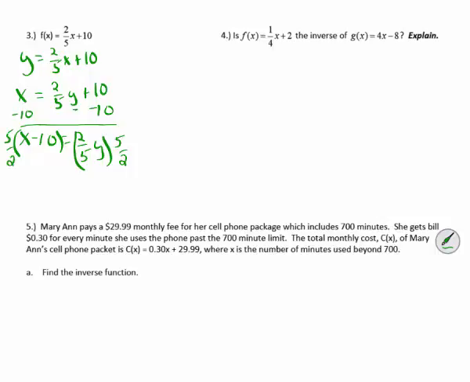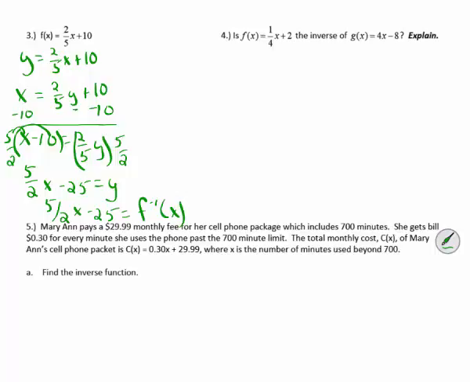And now I'm going to distribute. So this is going to be y. This is going to be 5/2 x. 5/2 times 10 is -25. And then I'm going to replace it, and I'm going to put in that we have 5/2 x minus 25 equals f -1 of x. All right, so hopefully not so bad.